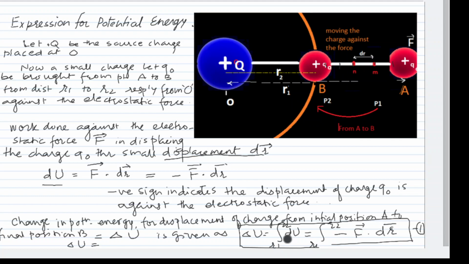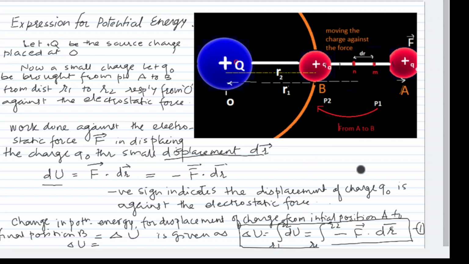So we are writing here the integration of small dU, the small change of potential energy we are considering here. So how much displacement occurs when the integration is taken over here? This much displacement occurs from A to B.